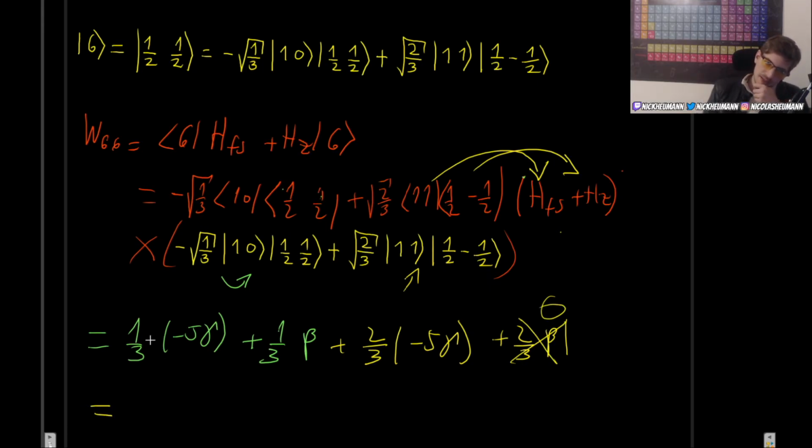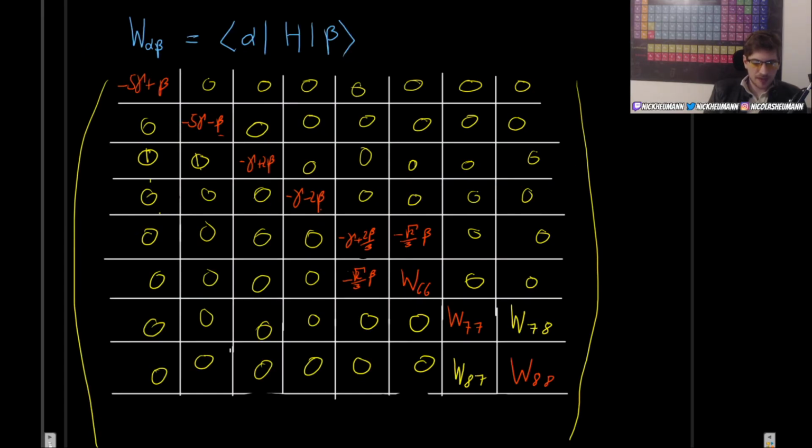So here we get 2/3 of minus 5 gamma. So altogether we get minus 5 gamma plus beta over 3. All right, now let's plug it in. That's W77? No, that is W66: minus 5 gamma plus beta over 3.